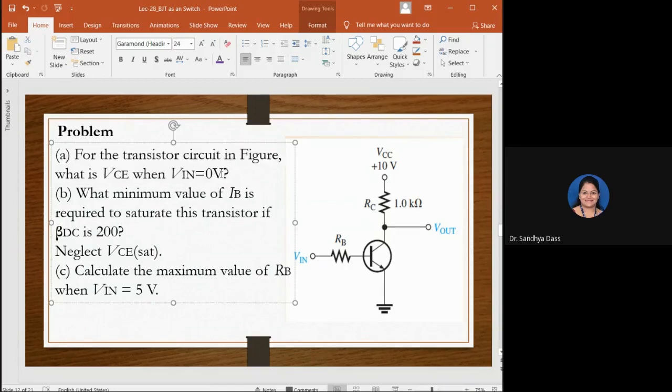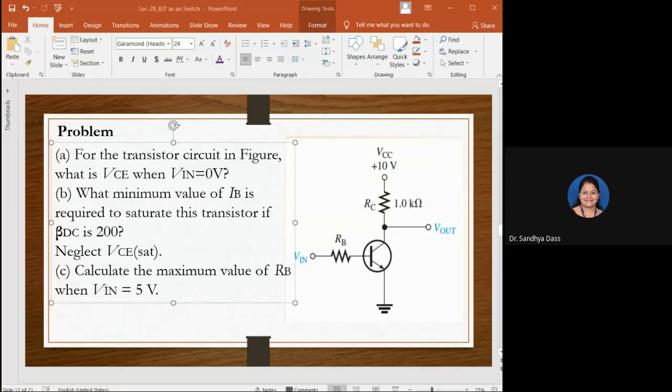When Vin is equal to 0, it is the cutoff condition of the BJT. And in the cutoff condition of the BJT, we know VCE is equal to VCC. You have to give that condition. Just saying it is 10 volts will not be sufficient.